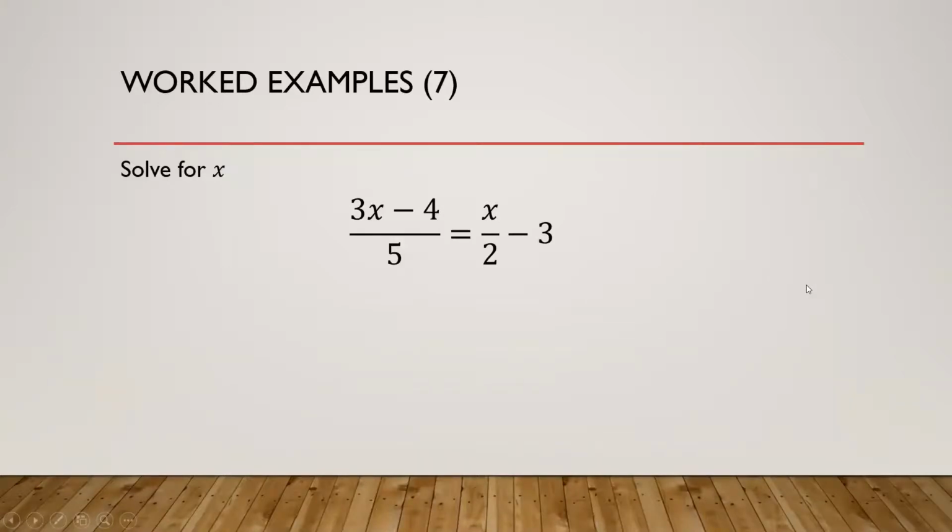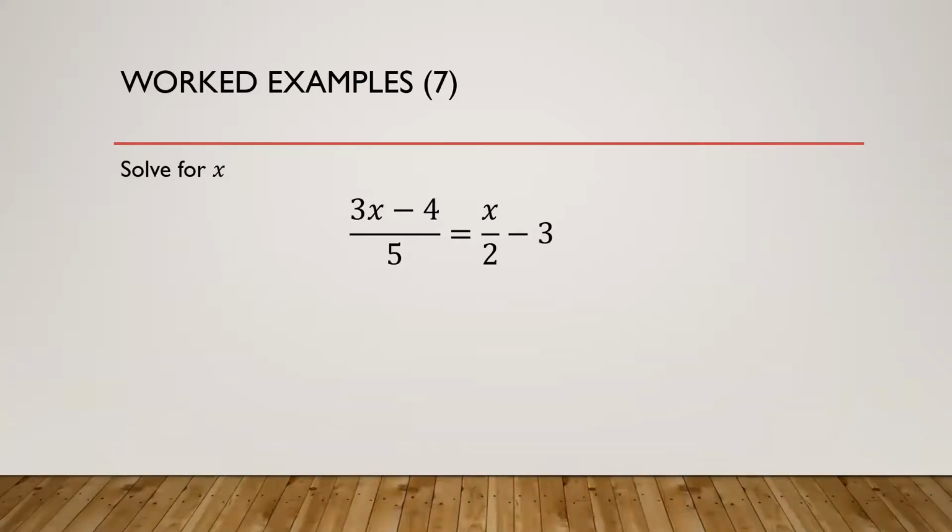Right, so we've got two fractions with two different denominators. One has denominator 5, the other one has denominator 2. So the thing to do here is to multiply both sides by a common multiple of the denominators.